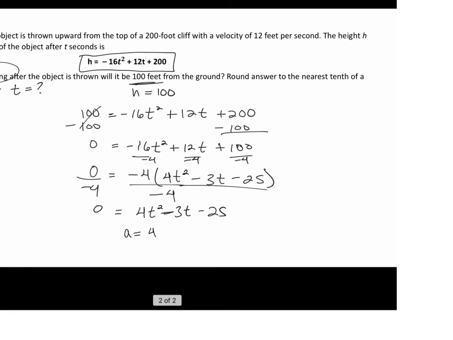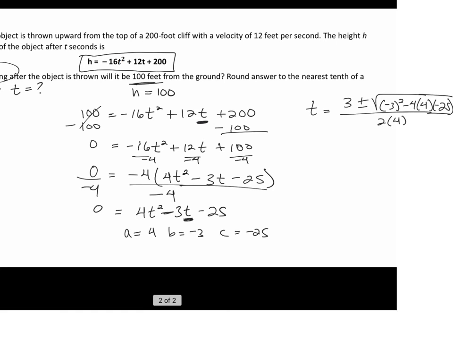So a is 4, b is negative 3, and c is negative 25. And we're going to solve for that middle variable here. So t equals, the opposite of negative 3 is positive 3, plus or minus the square root of negative 3 squared minus 4 times 4 times negative 25, all over 2 times 4.